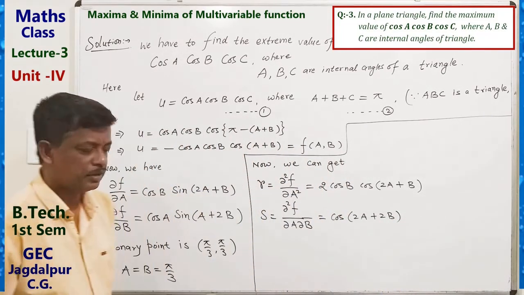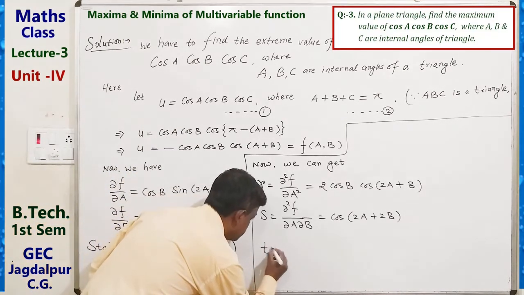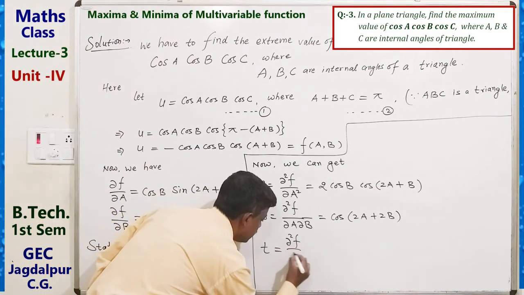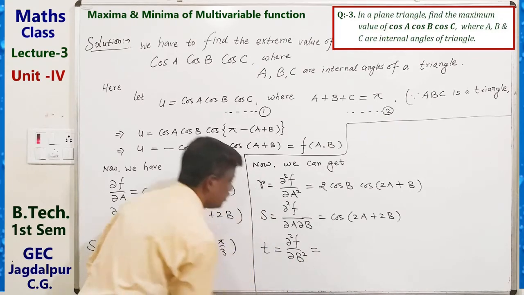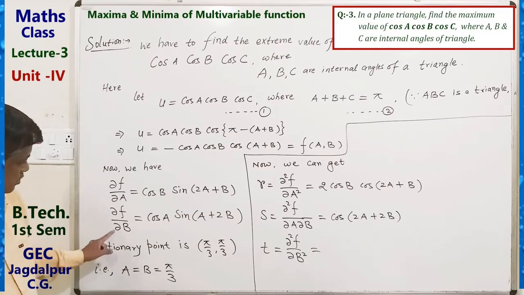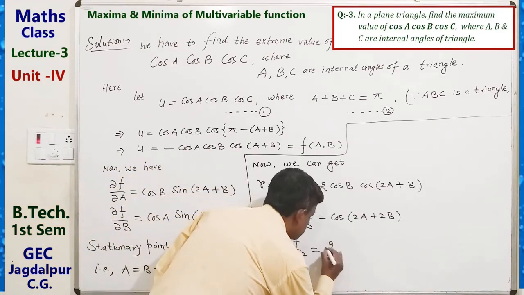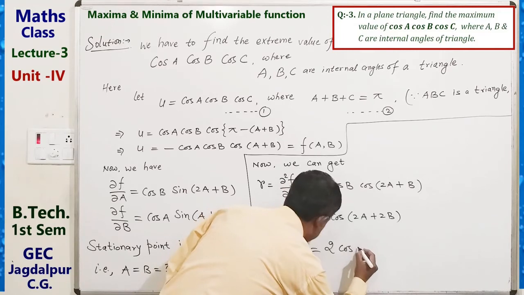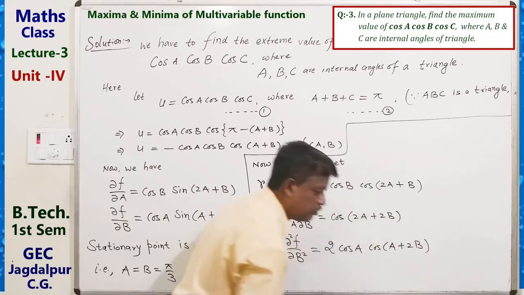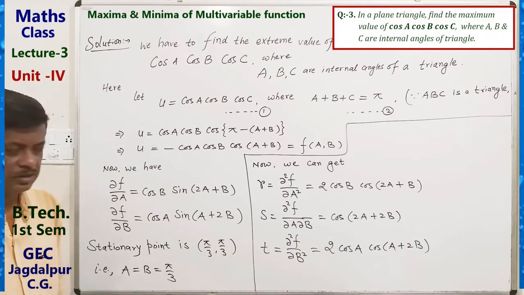Just do it, differentiate and set out by cos(a + b) formula. And t equals del 2 f by del b square. This is equal to, with respect to b, a is a constant, so similarly 2 cos(a + 2b). Okay, so these are the values of r, s, t.